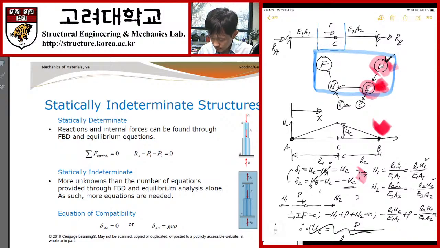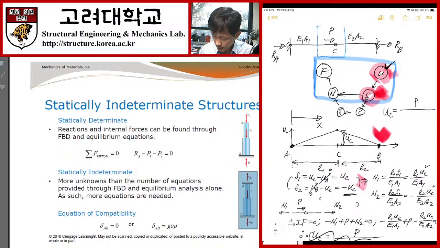Sorry about it. Let's use this space. UC is equal to P L1 E1 A1 plus L2 E2 A2. Okay? Is it clear?